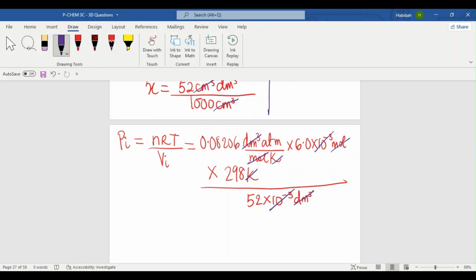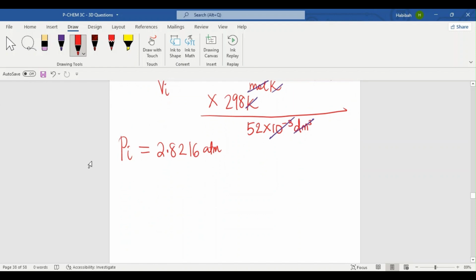So what we actually have now, we're just going to input in the calculator: 0.08206 times 6 times 298 divided by 52. When you input that in your calculator, we end up getting 2.8216 atmospheres.